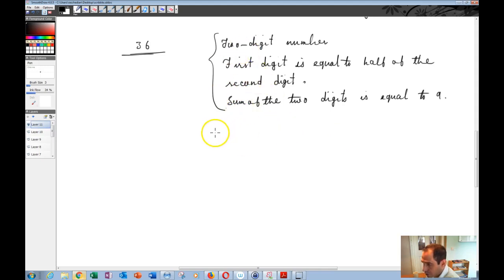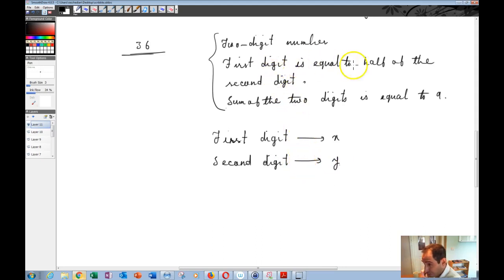Take the first digit as x and the second digit as y.